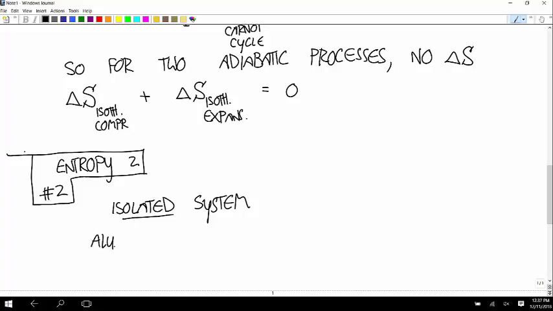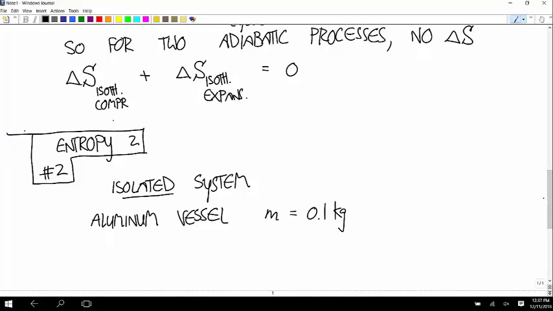So it's an aluminum container, aluminum vessel, with a mass of 0.1 kilograms, and a 0.2 kilogram piece of steel, and 10 kilograms of liquid water.